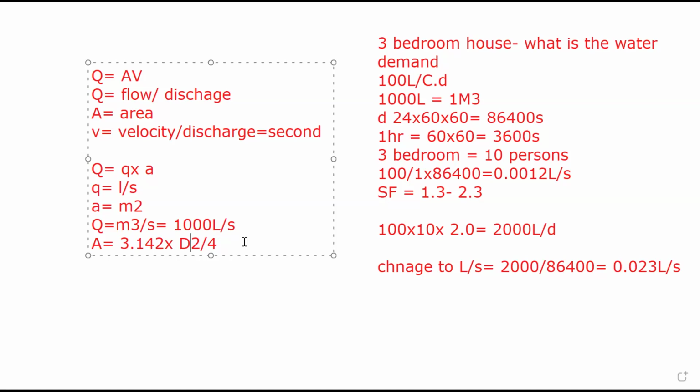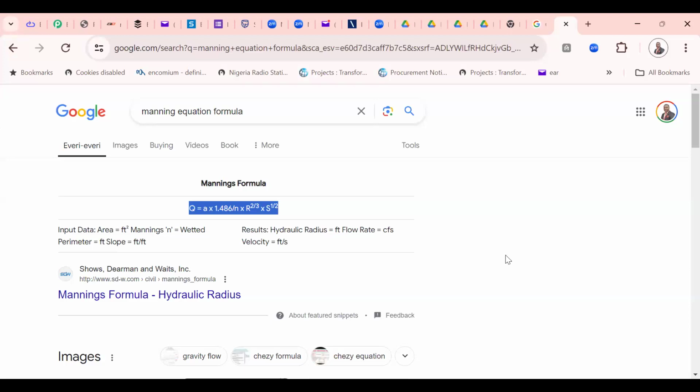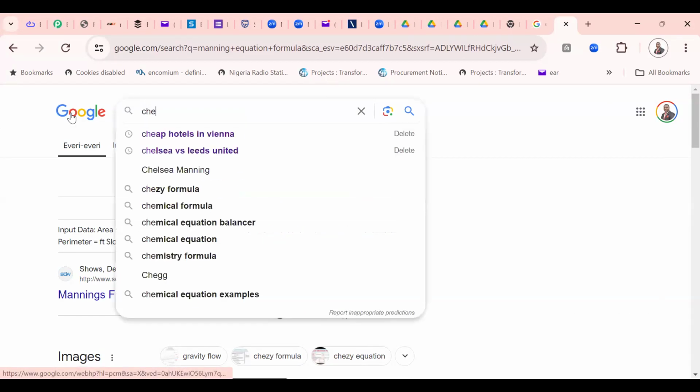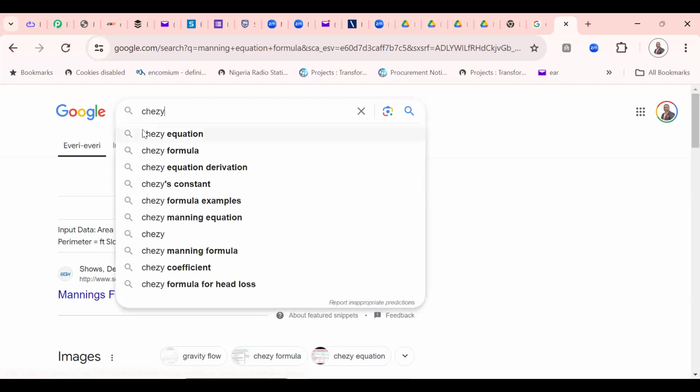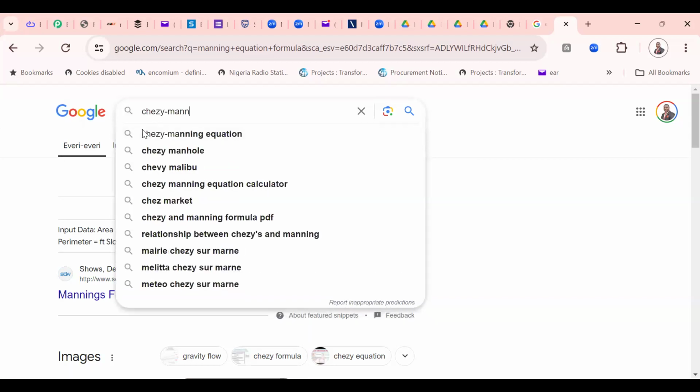Because I just went through online now and I saw the Manning's n. This is Manning's formula to get your Q. So you need to consider the R, which is the Manning's R. A is the surface area. S is the slope. So all these formulas are for Manning. If I search Chezy-Manning, you see a modified formula of the Manning.